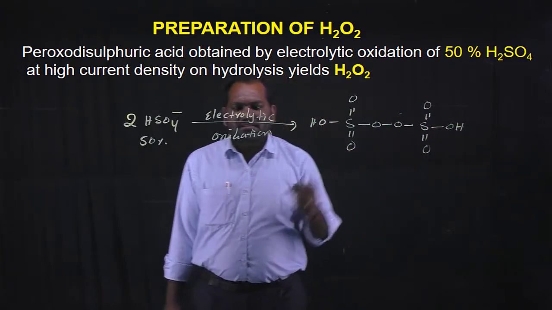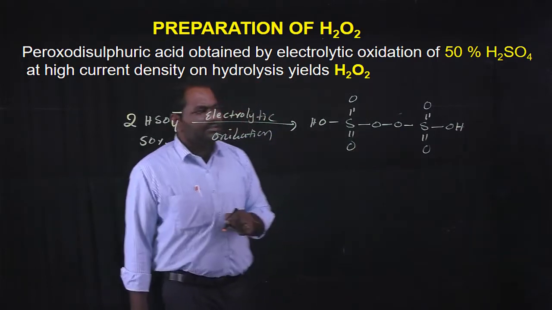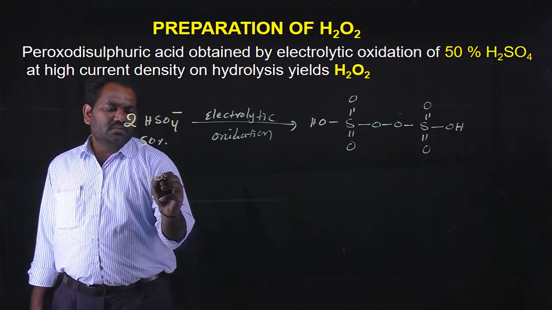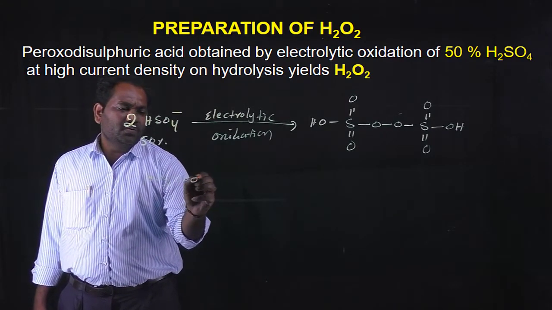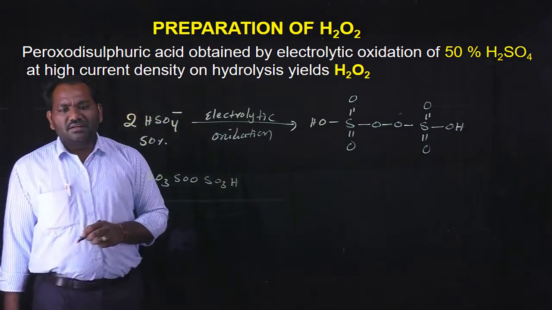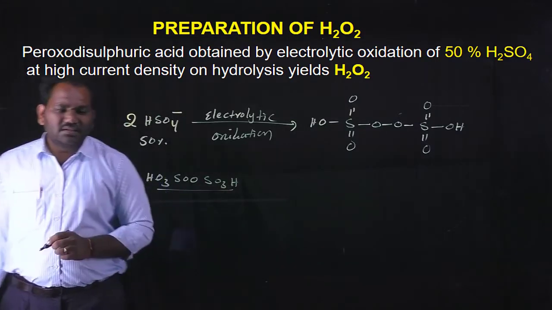This is the structure of peroxysulfonic acid. The chemical formula of this peroxysulfonic acid is HO3SOOSO3H. This is the simple way we can write the formula of peroxysulfonic acid.